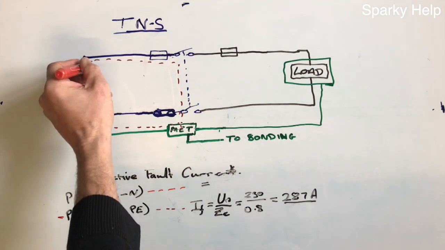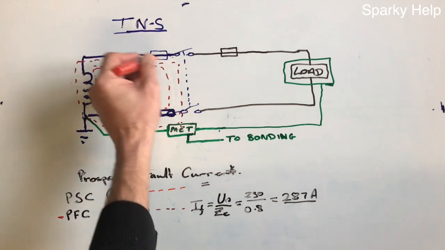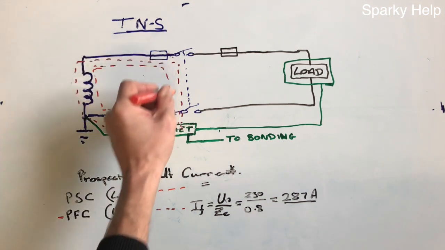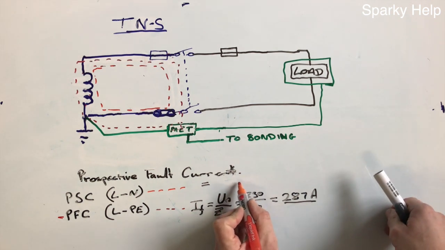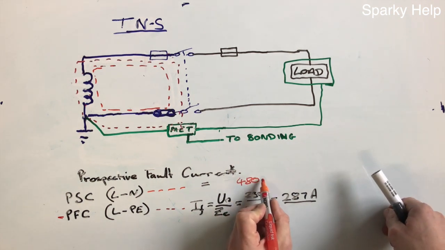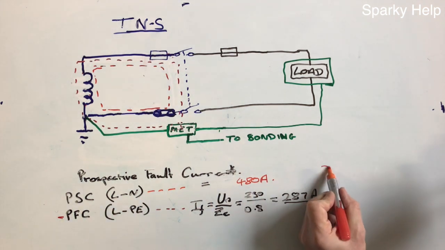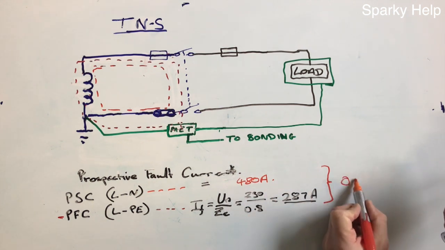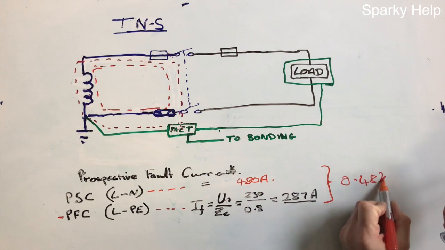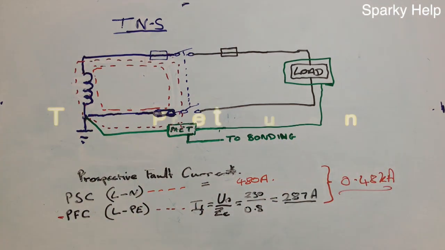It's probably going to be a 2-lead test on your meter now, just doing these conductors here, and that will come back with a value, and it might come back with 480 amps as an example. And again, which one are we going to write down? We're going to write down the highest of the two, so you'd actually be writing 0.48 kA as the fault current for this particular single phase installation.